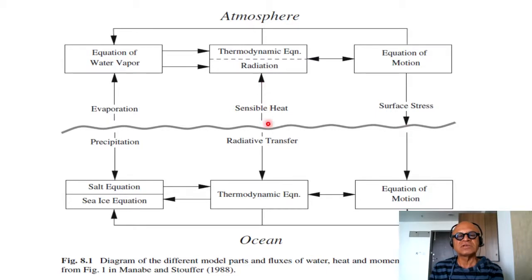So there is also sensible heat that is exchanged and directly affecting radiation and the thermodynamic equation. Precipitation and evaporation are affecting the salt equation and sea ice equation for the ocean. Radiative transfer is affecting the ocean thermodynamic equation, and wind stress is affecting the equation of motion.